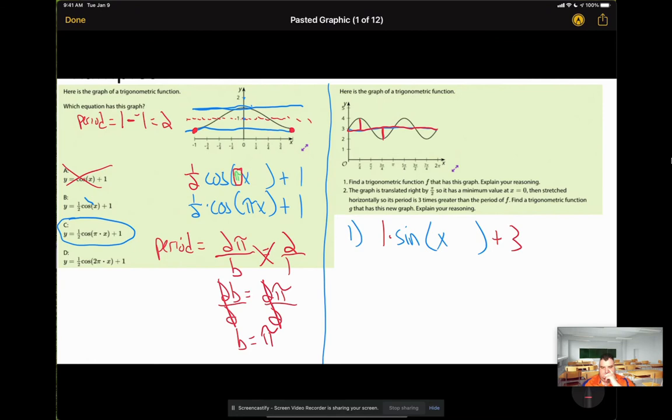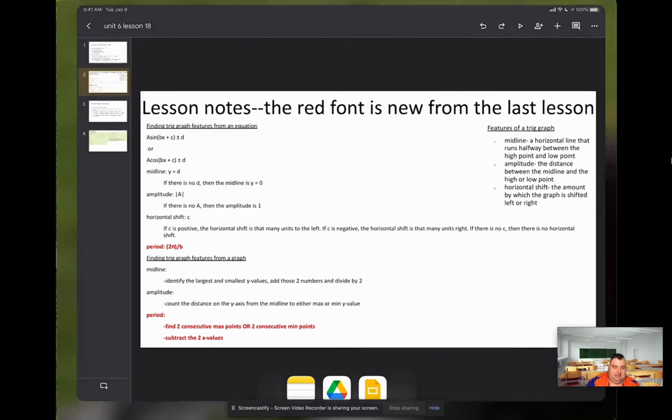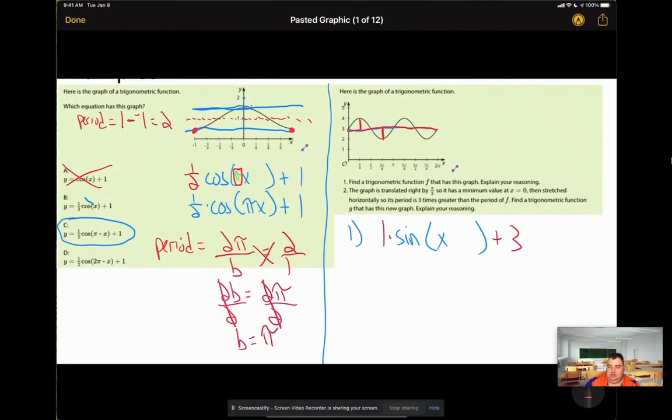Okay. The next thing I'm going to look at is the period. So remember, the period, again, is find 2 consecutive max or 2 consecutive min points and subtract the 2 x values.